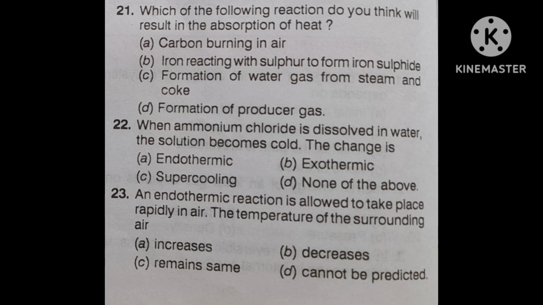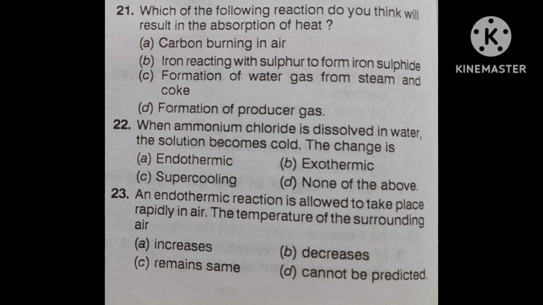It is not written delta H is equal to minus. If it was written delta H is equal to minus 181.6, then it would be exothermic. But delta H they have not written.